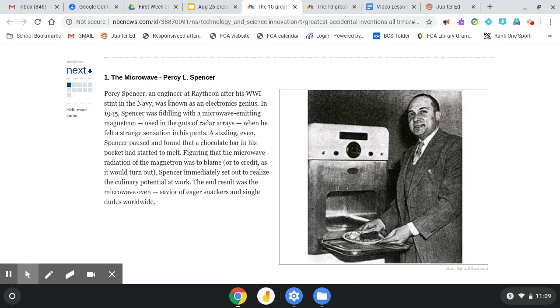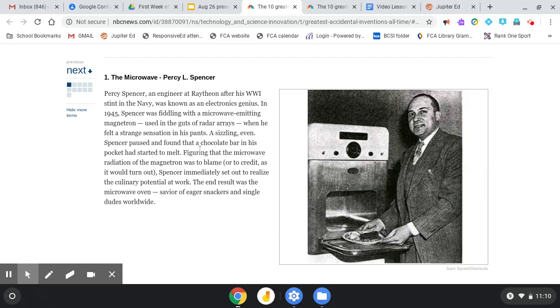Okay. For example, the microwave, discovered by Percy L. Spencer. Percy Spencer, an engineer at Raytheon after his World War I stint in the Navy, was known as an electronics genius. In 1945, Spencer was fiddling with a microwave-emitting magnetron, which is used in the guts of radar arrays, when he felt a strange sensation in the pocket of his pants. A sizzling, even.